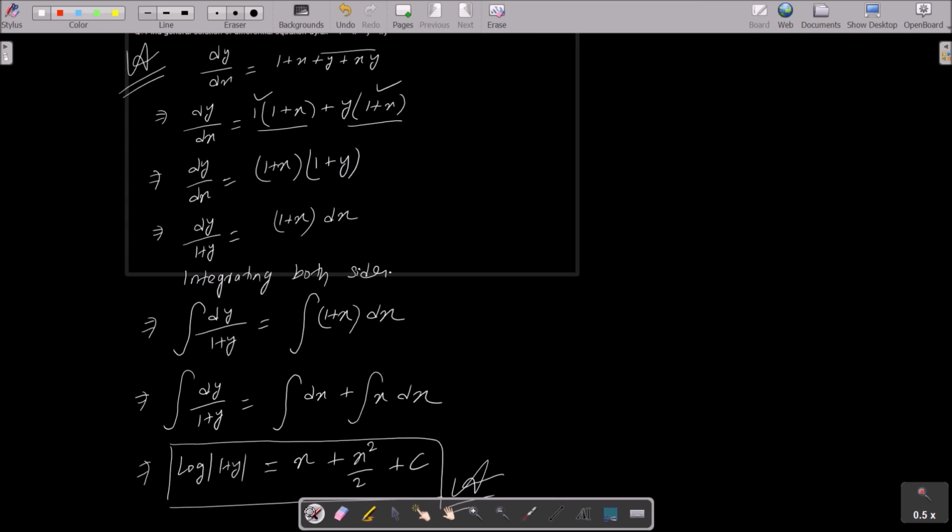The next is you need to do the integration on both sides. So the integration of dy by 1 plus y is log of 1 plus y, and dx integration is x, and x integration is x square by 2, and c is the arbitrary constant. So this is the general solution of this differential equation.